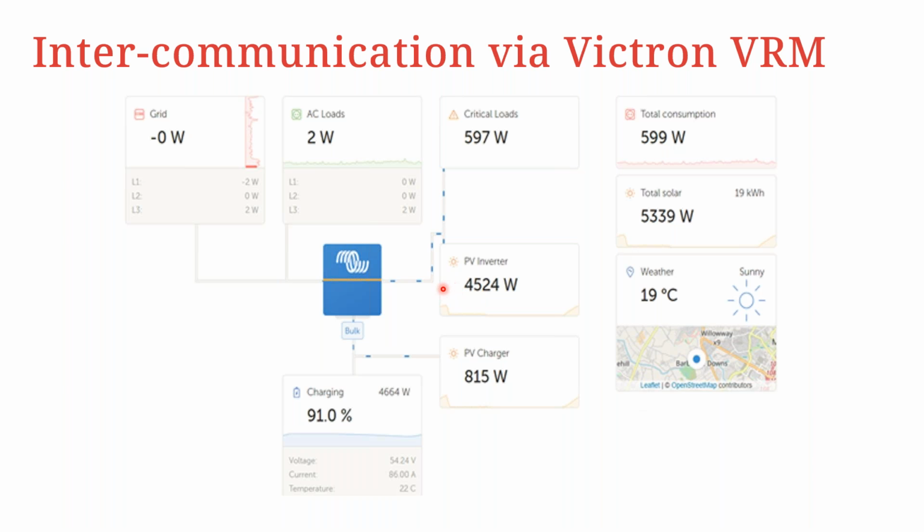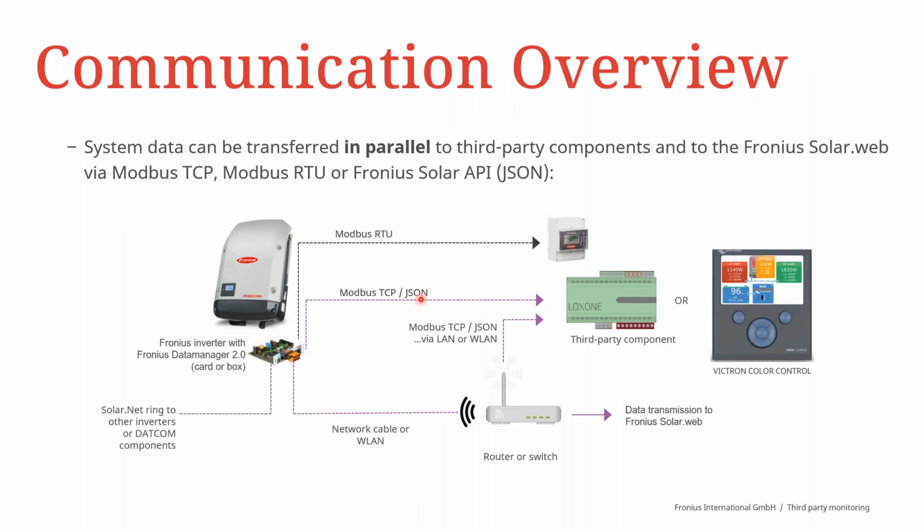And it is through the API query that the Victron inverter is able to send and receive information about the Fronius inverter with its current power output, as you can see in this case. So this is possible via the intercommunication, via the JSON Solar API using the JSON protocol.